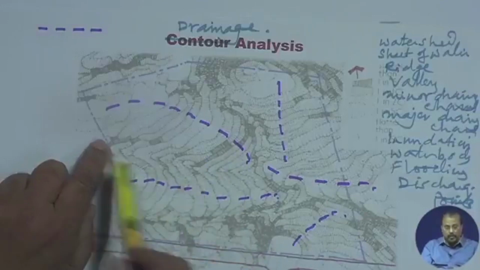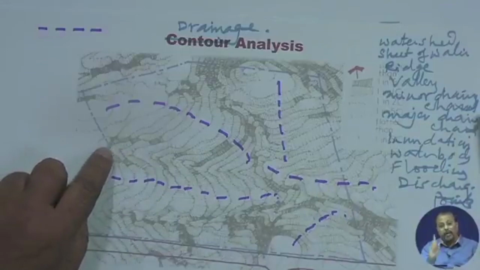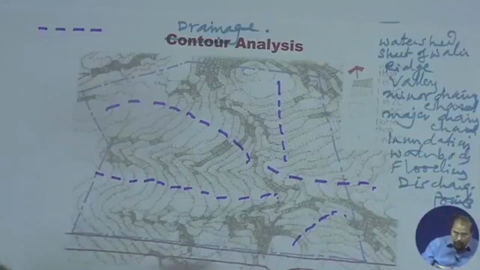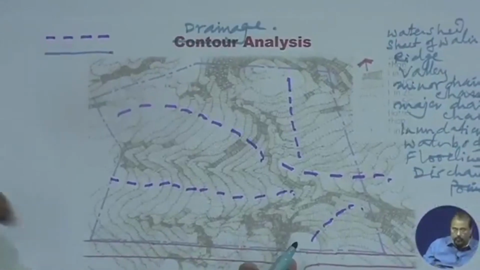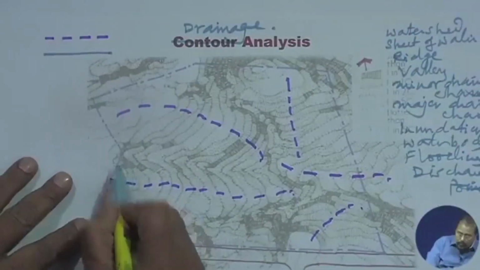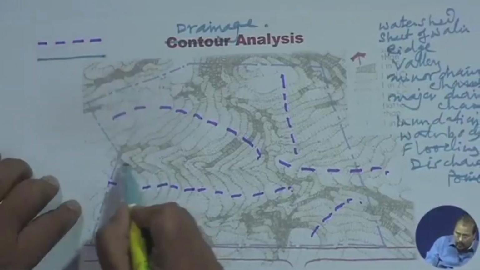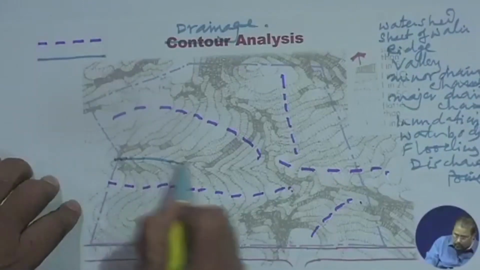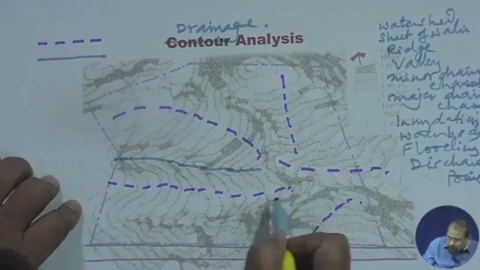In such a case, you connect all those central points, and it becomes a valley. The valley line you show with this. If this is my ridge line, this is another ridge line, and I am connecting this, all the center points are the valley.